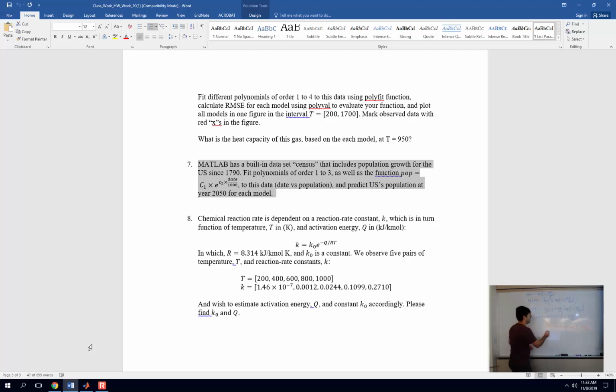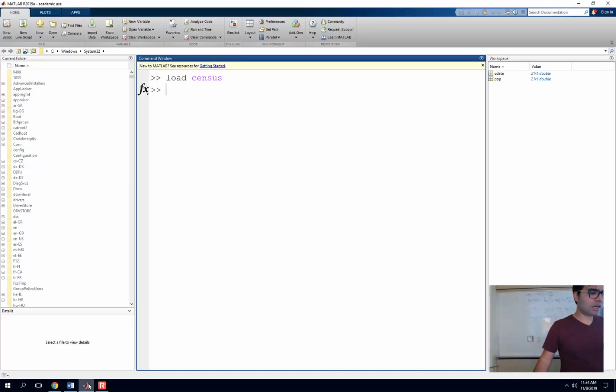And D is going to be log of population. Well, we need a prime here just to make sure. Or I don't know what date is. Maybe date is vertical already. Yeah, if that's vertical already, then you don't need a prime.